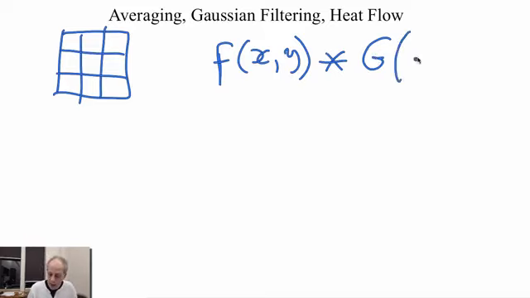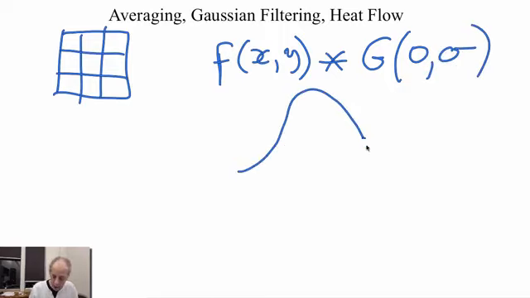A Gaussian function that has average 0 and some variance. And remember, a Gaussian function looks something like this. It's one of the simplest functions we know. So that's a weighted average. In a discrete fashion, instead of just putting 1, 1, 1 in every place, we replace them by the weights provided by the Gaussian.